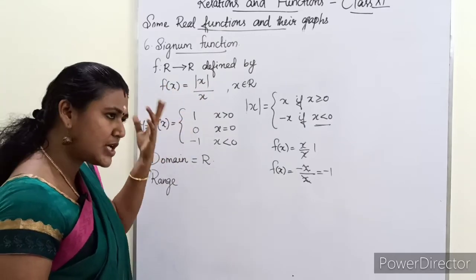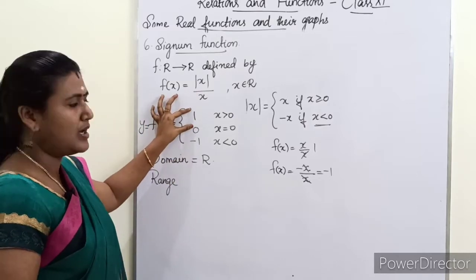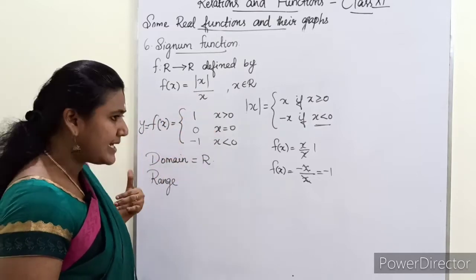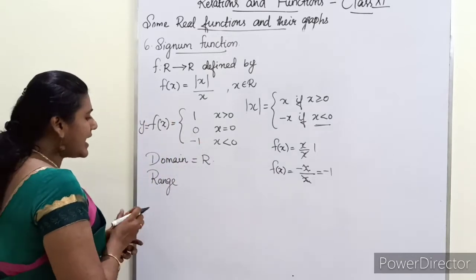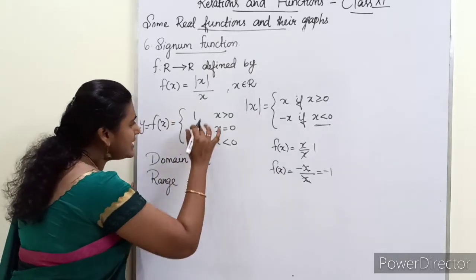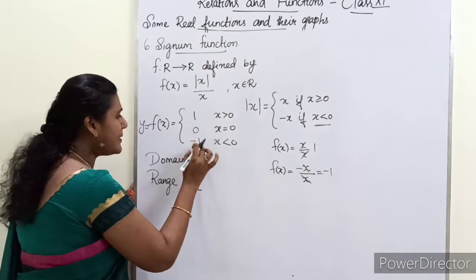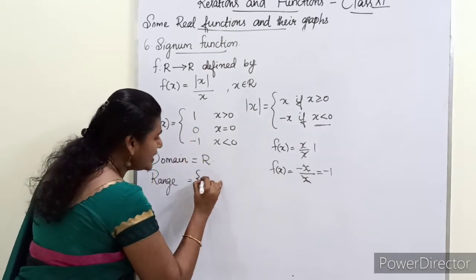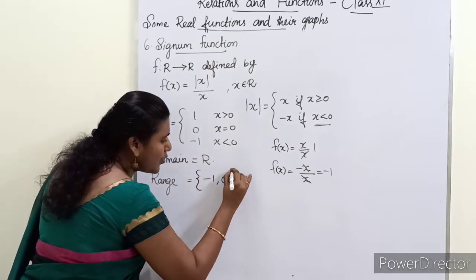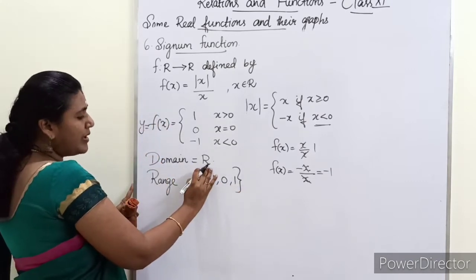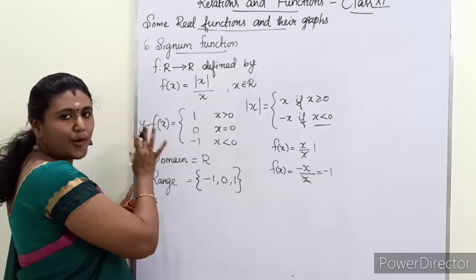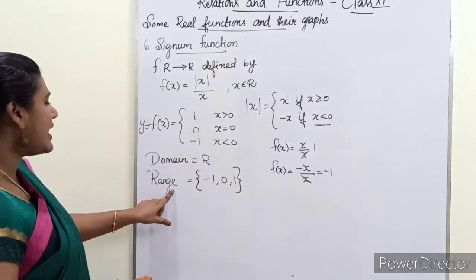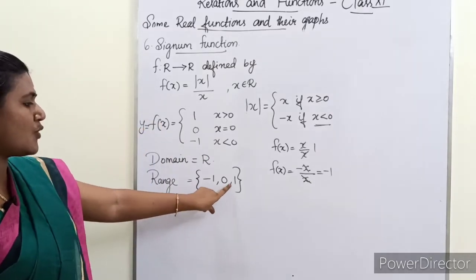If you are taking x is equal to 50, y is 1. If you are taking any negative value, you will get y value as minus 1. So the range you will have always these three values only you will be getting as y. So range will be minus 1, 0, 1. So domain will be R, and these three numbers only you will always get for y. So range will be minus 1, 0, 1.